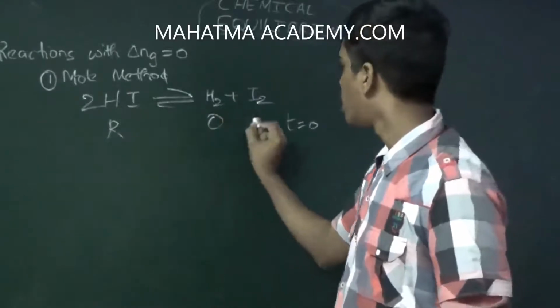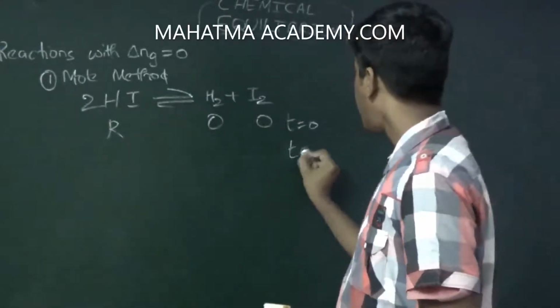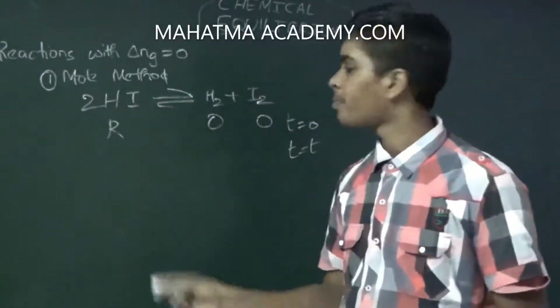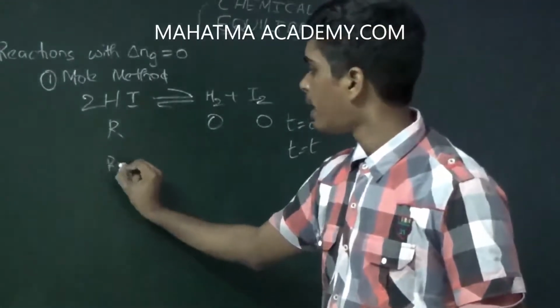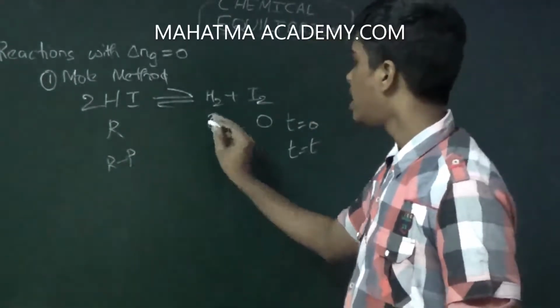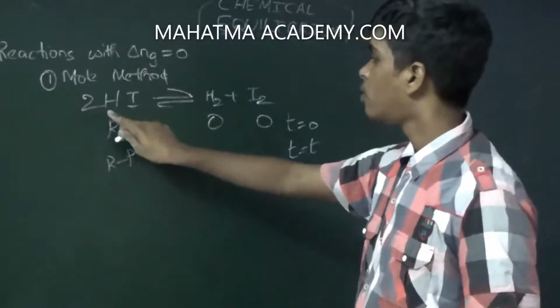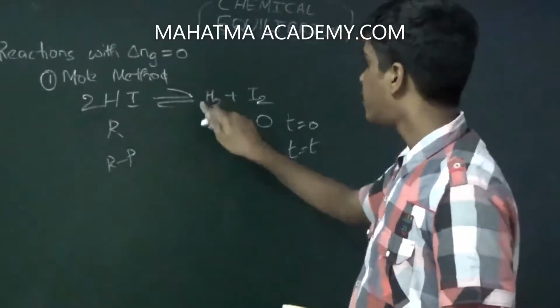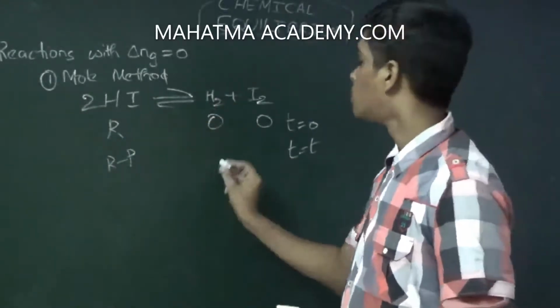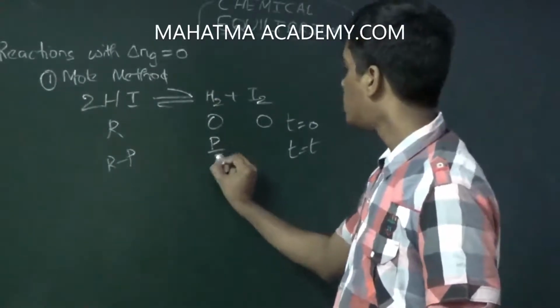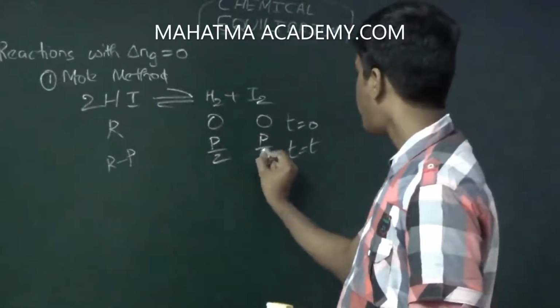At time t equal to T, HI is R minus P. Here P by 2 each, because the stoichiometric coefficient of HI is 2 and of the products is 1, so we divide by 2: P by 2 and P by 2.